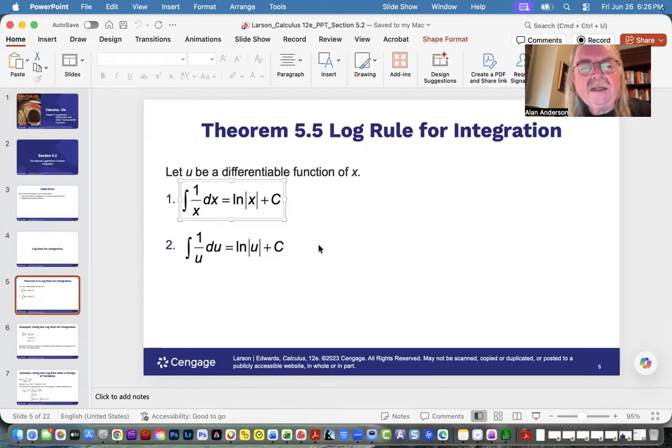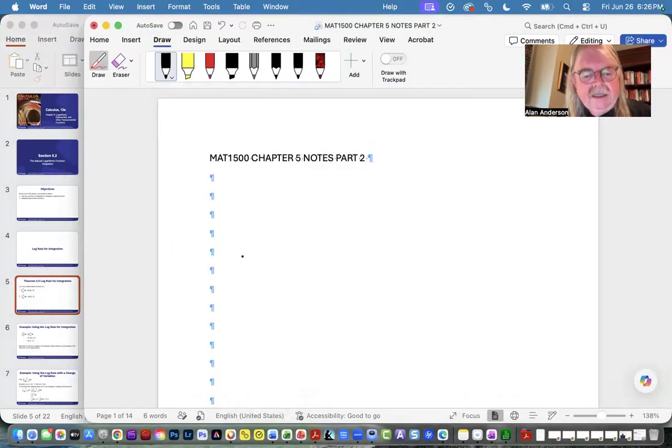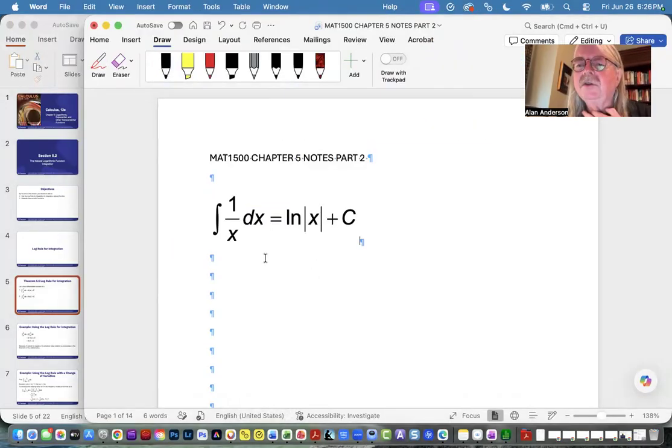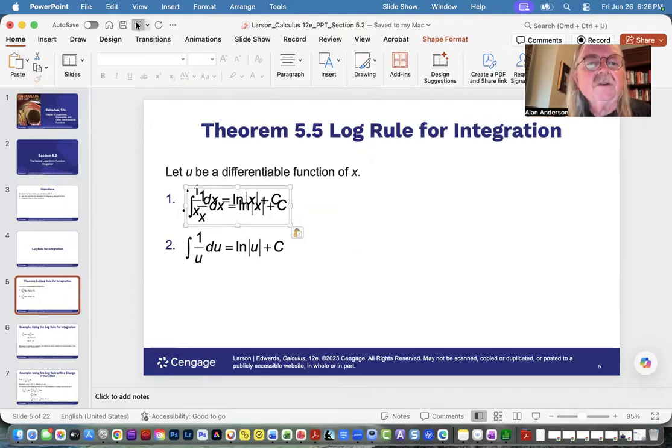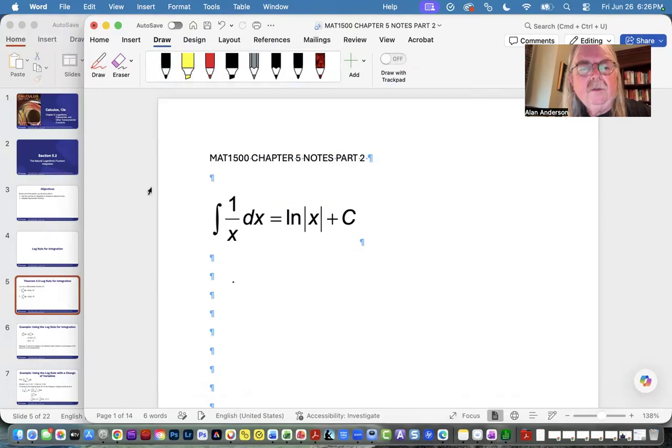If we have 1 over x dx, we integrate that into log natural absolute value of x plus c. On the other hand, if we integrate 1 over u du, where u is a function of x, we end up with the natural log of absolute u plus c.